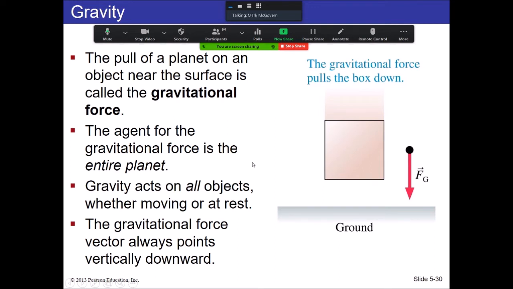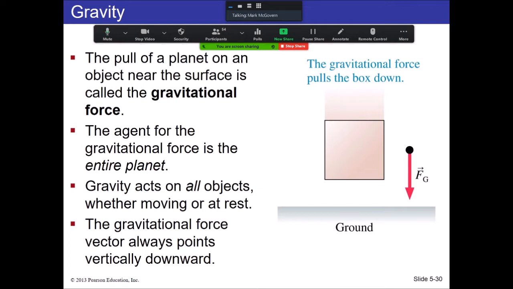Gravity. Now, what I'm going to do is give you a little tour of all the different forces we're going to work with. First one is gravity. Gravity always points straight down. It is the only long-range force we are effectively going to be working with in this class. The agent is the Earth, the entire Earth.